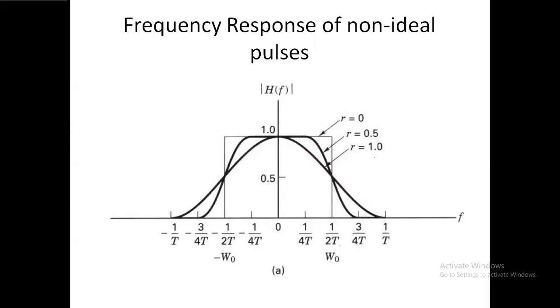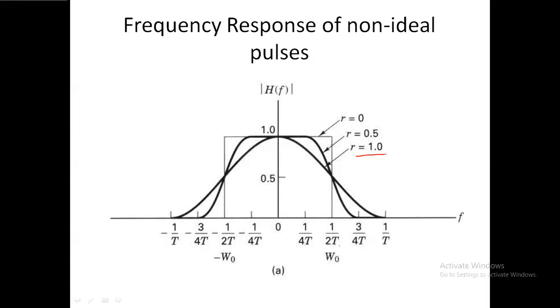And similarly, we have roll-off factor from 0, which is purely a rectangular pulse, to 1, which has the excess bandwidth W. So it means that we are using twice as much bandwidth as the actual bandwidth of the rectangular filter if we are using the roll-off factor of 1.